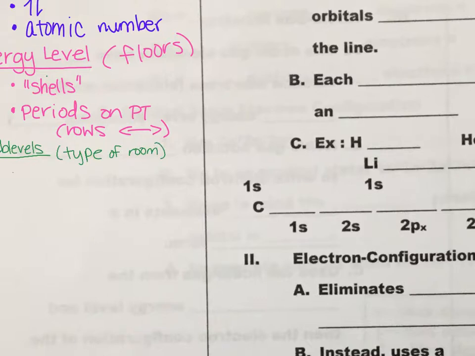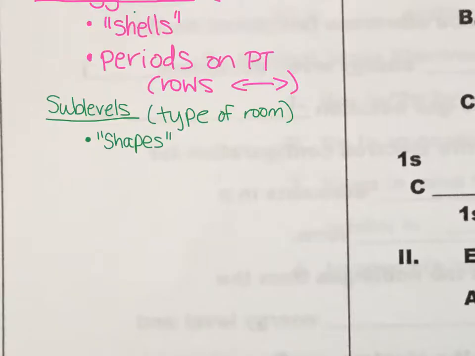Those are going to be our shapes. Basically you're shaping your electron cloud here. You're coming up with how many locations these electrons could possibly be found. So, your shapes.